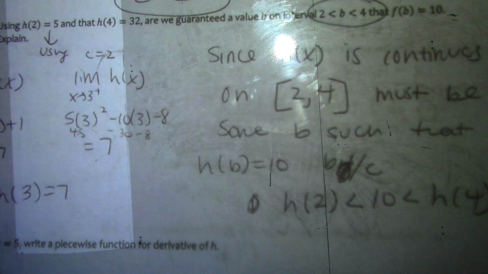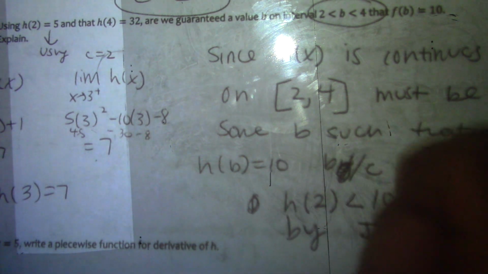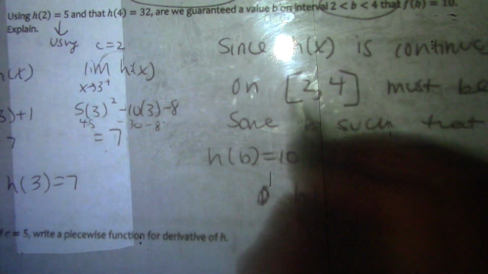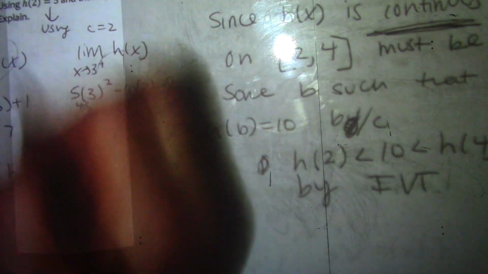And by IVT, the intermediate value theorem. Remember, your intermediate value theorem only works because h is continuous right here, and we showed that it was continuous by showing that the left limit equaled the right limit equaled the value. So that's why we knew it was continuous over here.